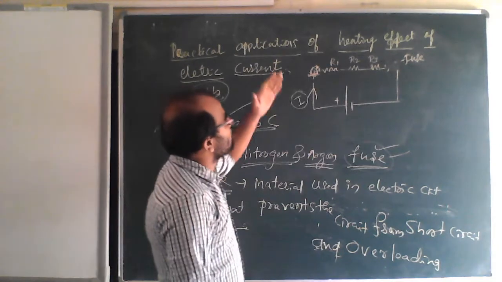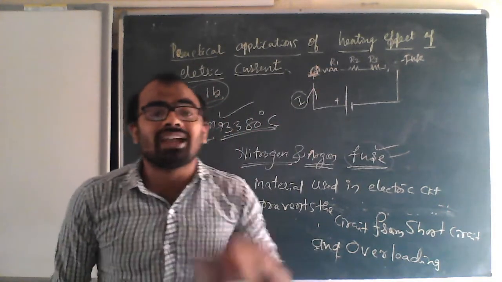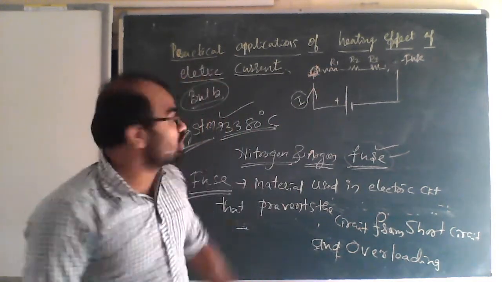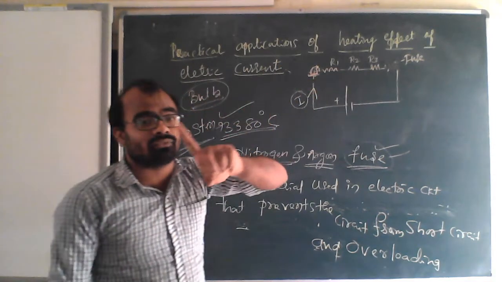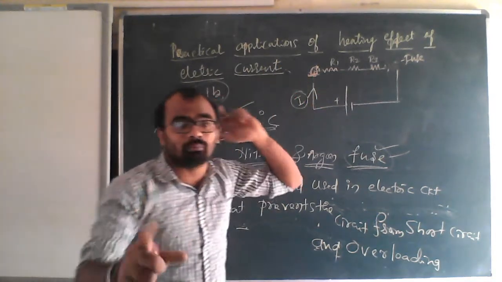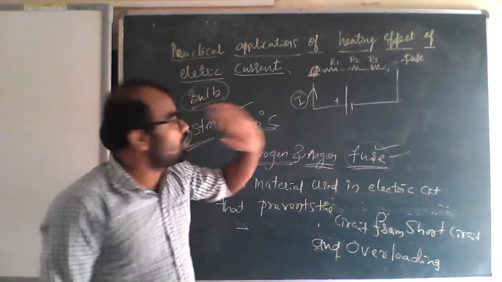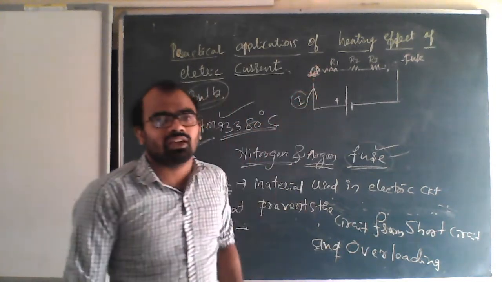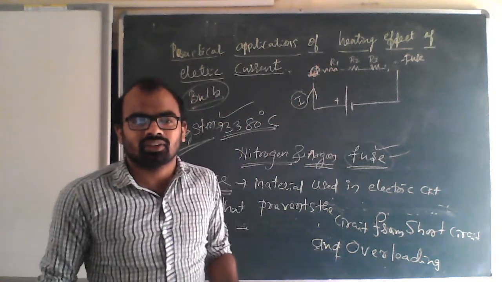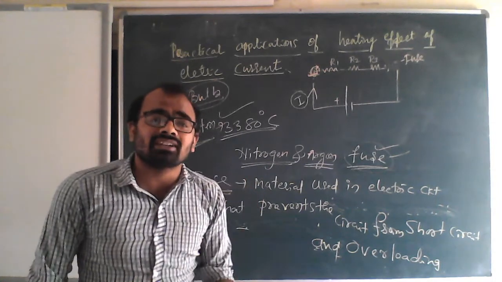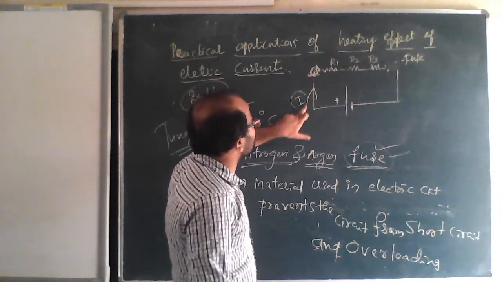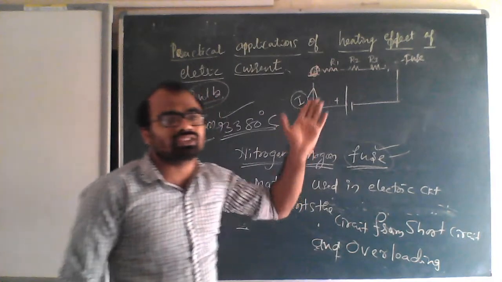But what happens when the fuse melts itself? What are the characteristics of a fuse? I will tell you, it should have a low melting point. When more current comes, it should melt. When it melts, there is no path for the electric current to flow through the circuit.